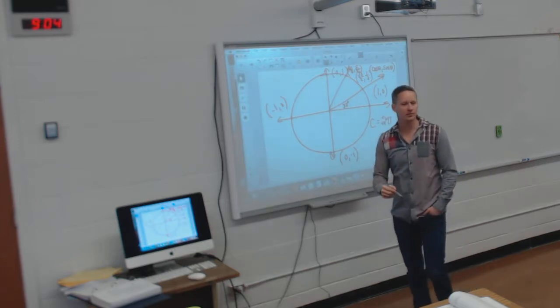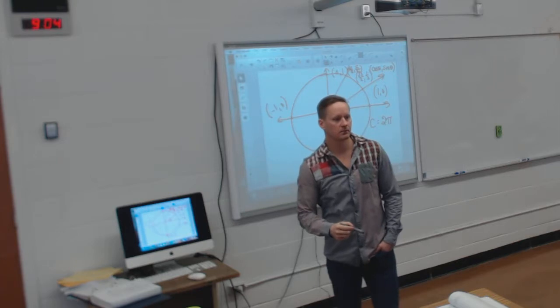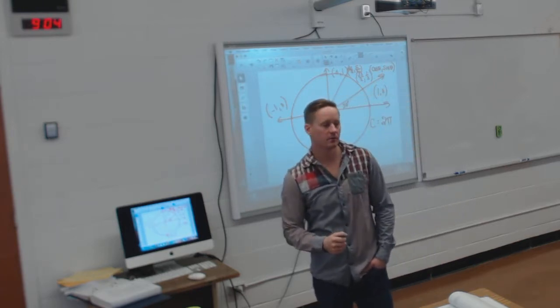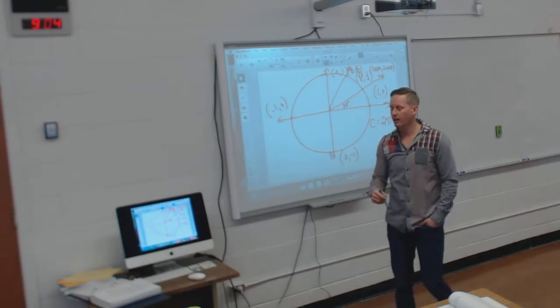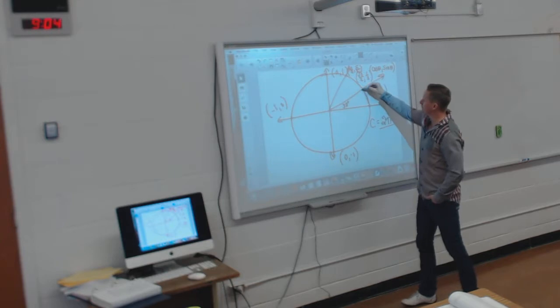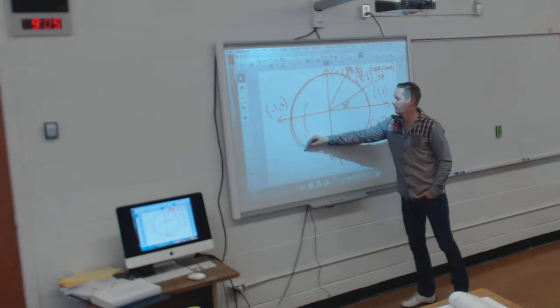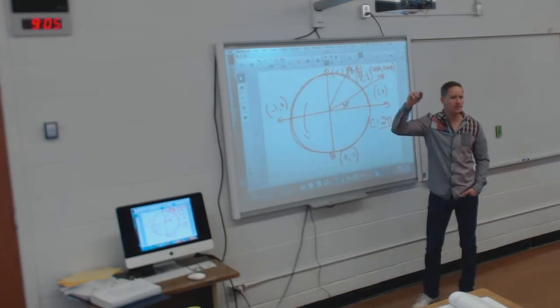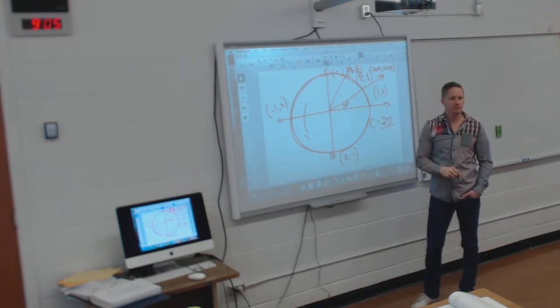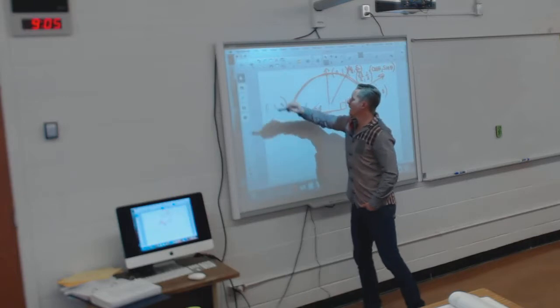How do you find the circumference of a circle? 2 pi r. And what's the radius of this circle? Its radius is 1, so it's 2 pi. So when we refer to this, that is the actual distance of the arc length around the circle. Okay? How many degrees is it around the circle? 360.